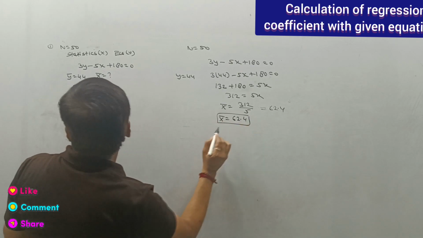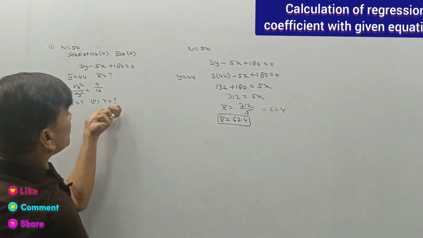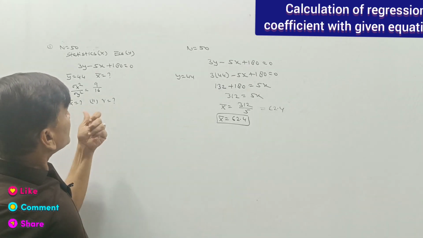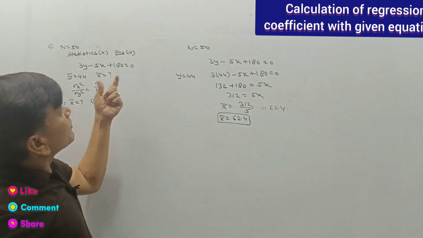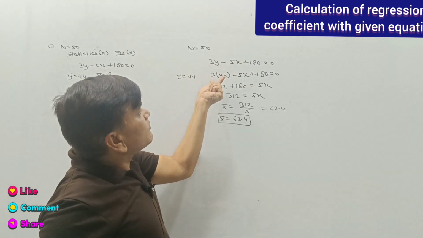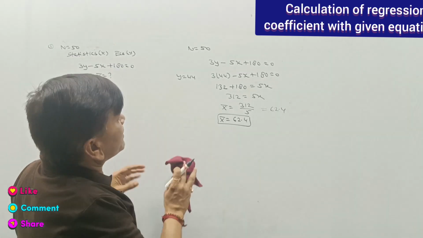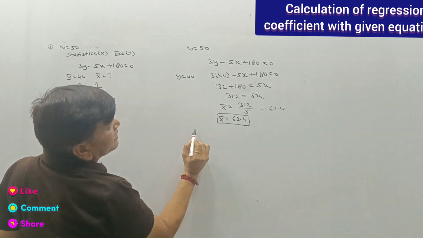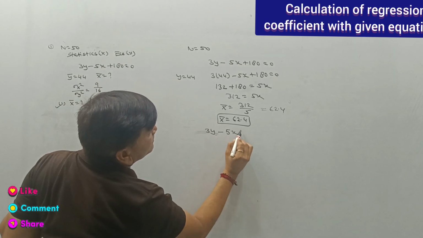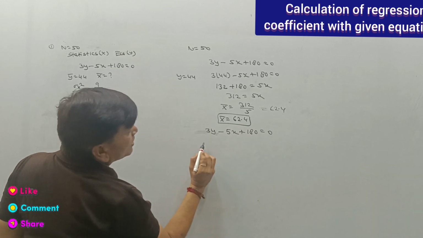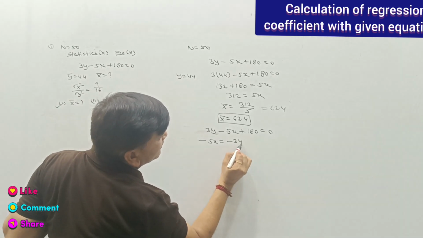We have already calculated the first value, that is x bar. Now we have to calculate the value of r. This is the x on y equation. The equation is given: 3y minus 5x plus 180 is equal to 0. So minus 5x is equal to minus 3y minus 180.